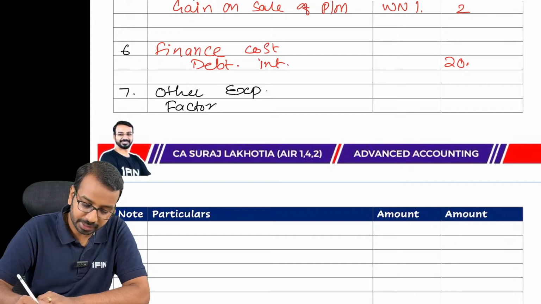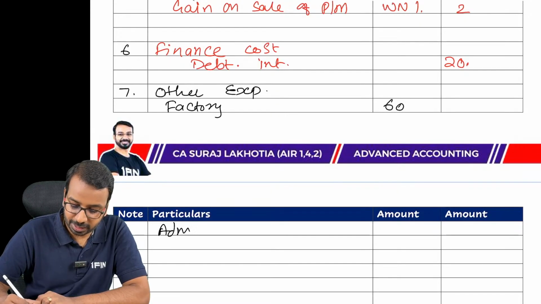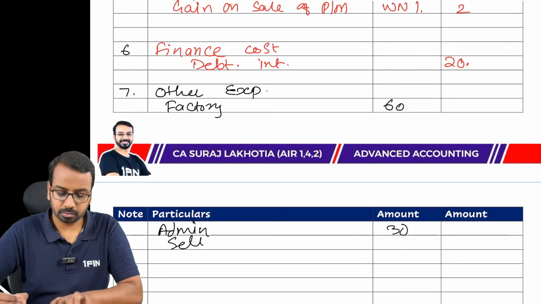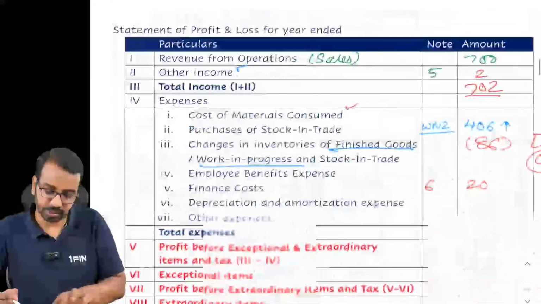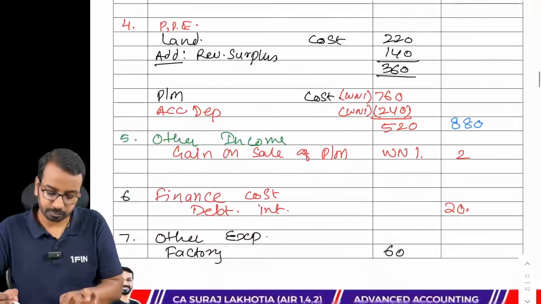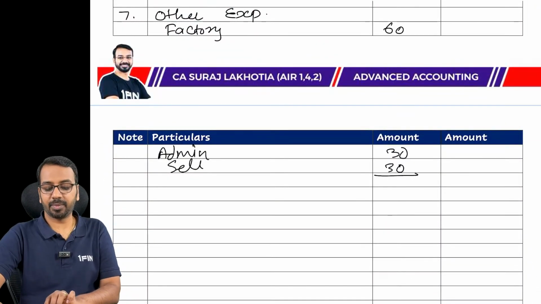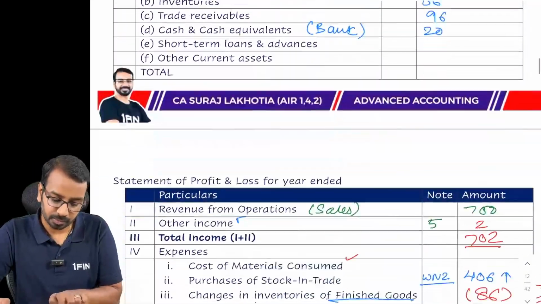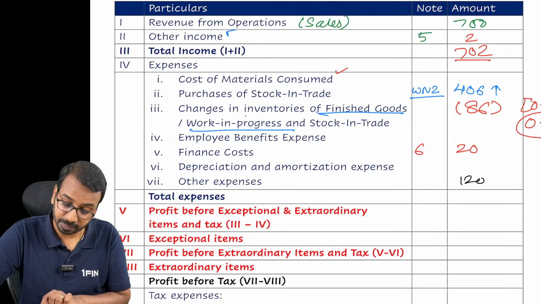Factory 60, admin expenses 30, selling expenses 30. So 60 plus 30, 90 plus 30, 120, posted as other expenses.